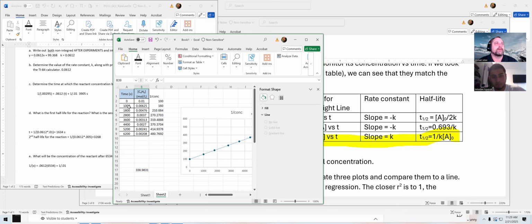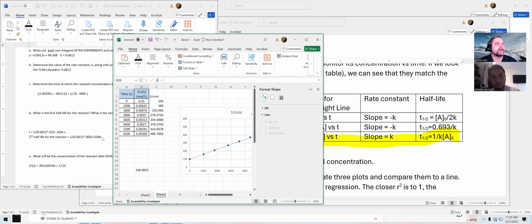So I'm going to go through and just make sure it makes sense that when we were at half the concentration, so we started at 0.01, the time would be in here, and then we're at half that again, and so it made sense that that would be in here.